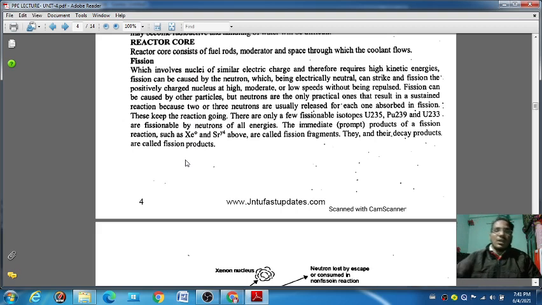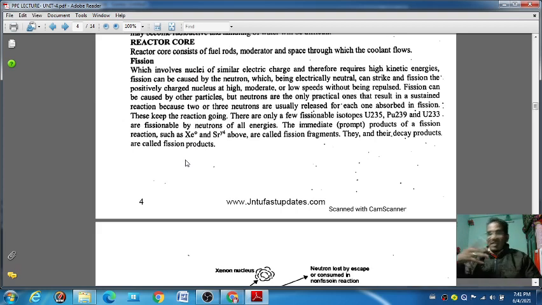Then fission can be caused by the neutron. With the neutron, fission will occur, and being electrically neutral, it can stick to and fuse with a positively charged nucleus at a high moderate level.